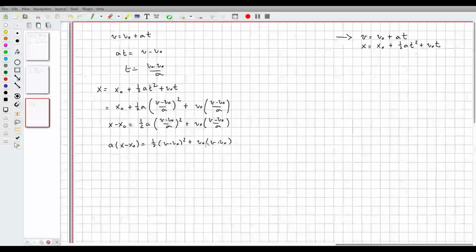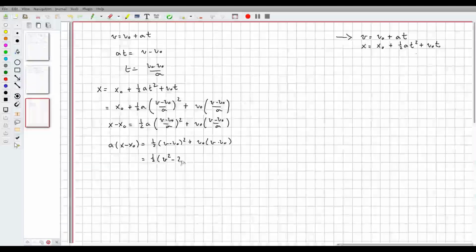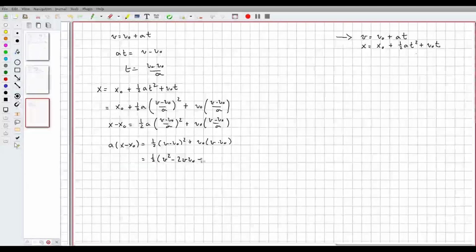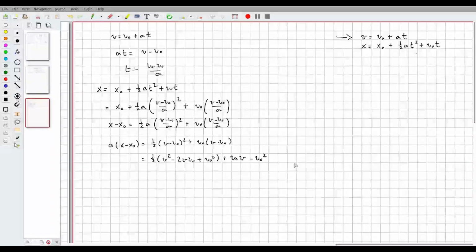Now, the next thing I'm going to do is, on the right-hand side, go ahead and use FOIL on this square right here. 1/2 times V squared minus 2V naught V plus V naught squared. On the right-hand side, I'd like to continue multiplying things through. I want to take this V naught and multiply it through as well. So I have a V naught V minus V naught squared.